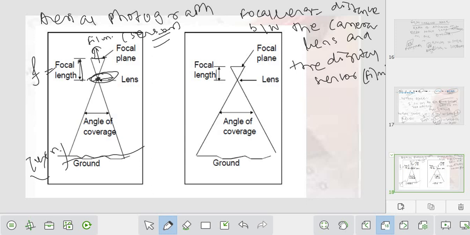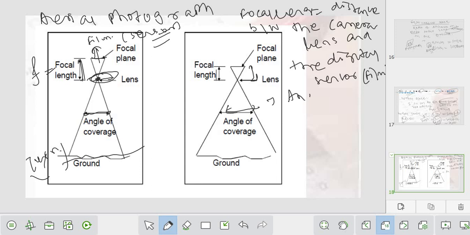Okay, and if you see the angle of coverage, see it is an angle of coverage. The angle of coverage gradually increases as the focal length decreases. देखो, if you reduce the focal length, the angle of coverage should increase, right?